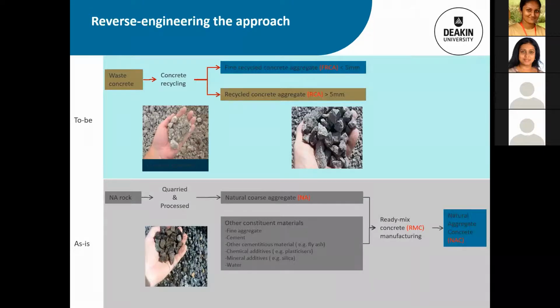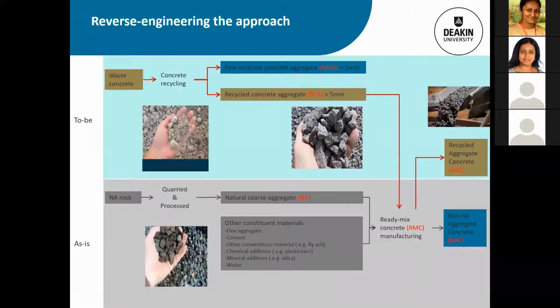If we get the coarse aggregate portion of it, separating out particles generally higher than 5 millimeters, we have an aggregate product containing residual mortar, and if we can partially replace it in the ready-mix concrete manufacturing facility to produce ready-mix concrete, that concrete in this study I have called recycled aggregate concrete.